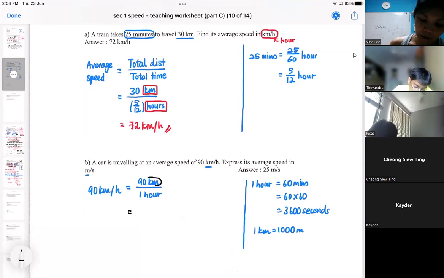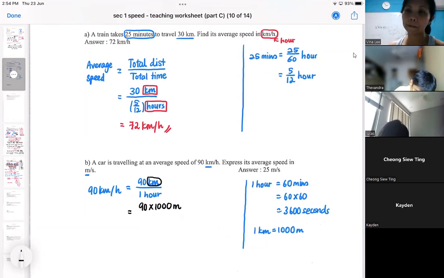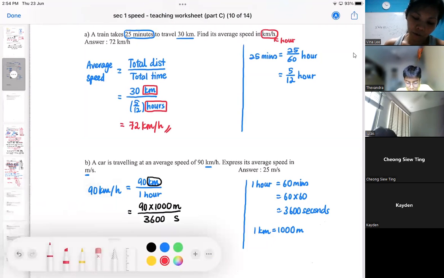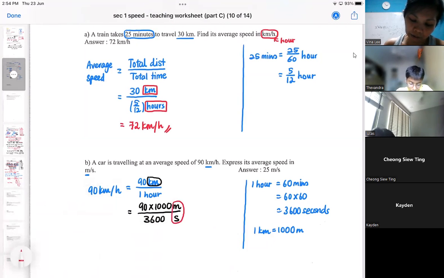So kilometer, I will convert to meter by multiplying by 1000. And 1 hour is equivalent to 3600 seconds. So do you realize my working also has units? So I can ensure that I got the correct units. And then I just punch the calculator.